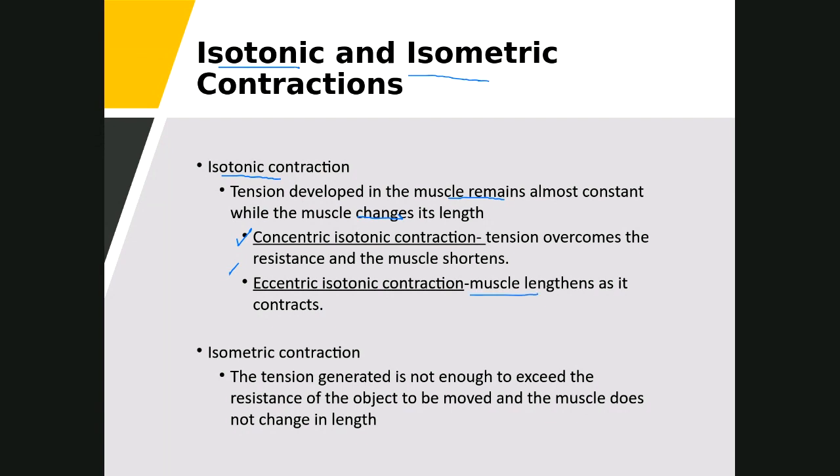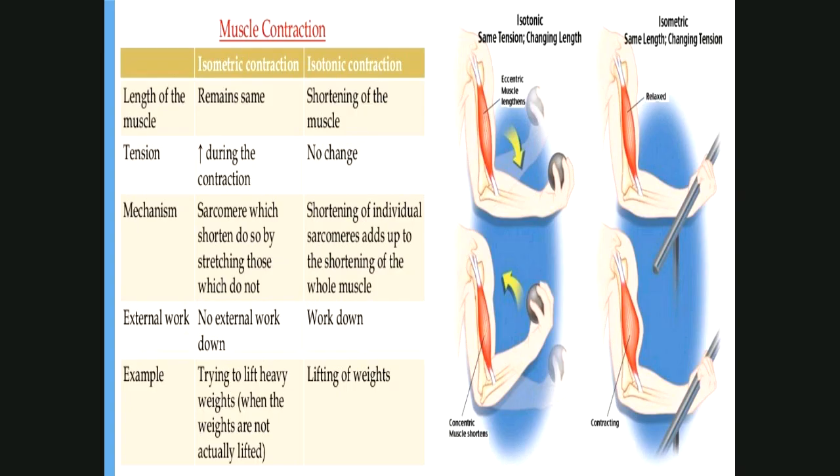Isometric contraction means that the tension generated is not enough to move the muscle. And let's give you an example of this.